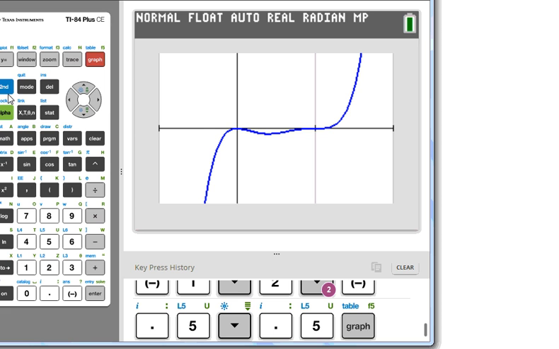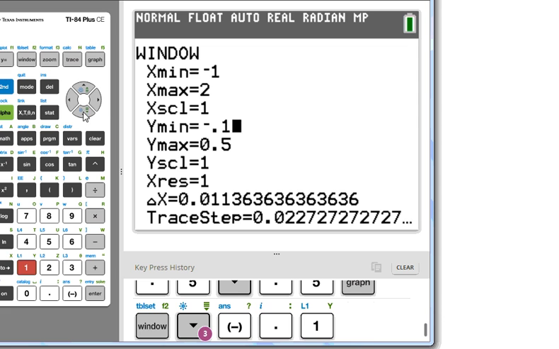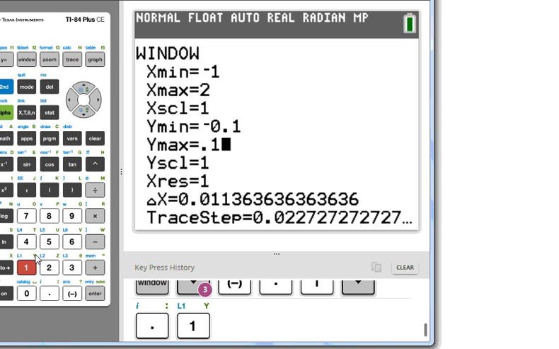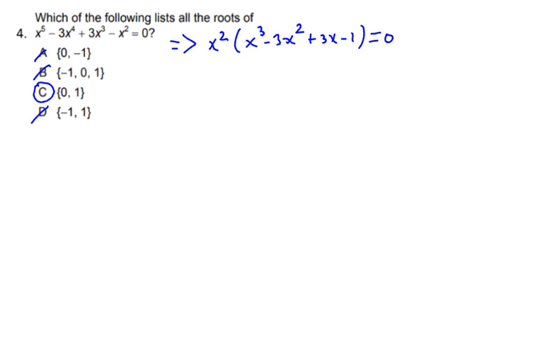And you can tighten up the window a little more to see it better, -0.1 to 0.1. Yeah, you can see it like that here. So again, the test writer is trying to test your analysis skills.